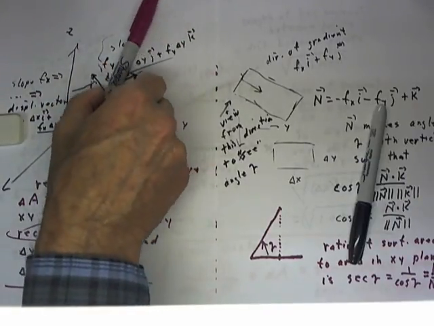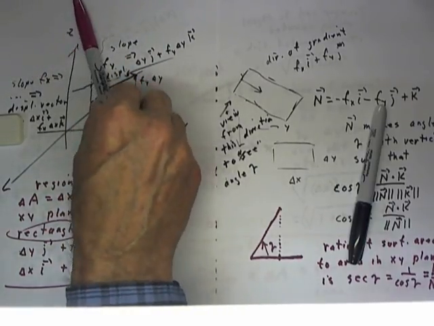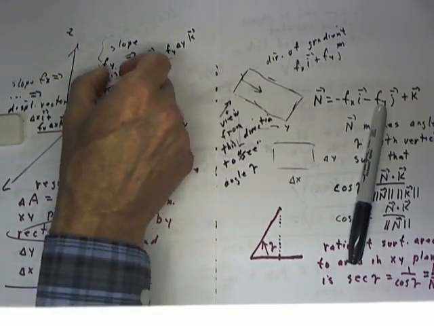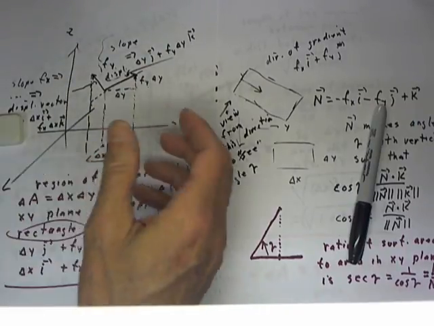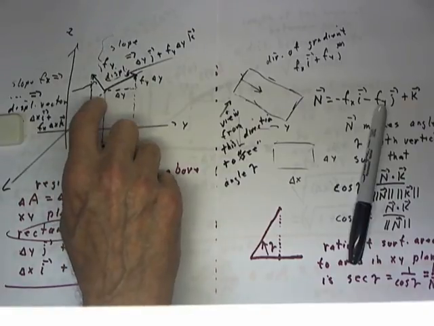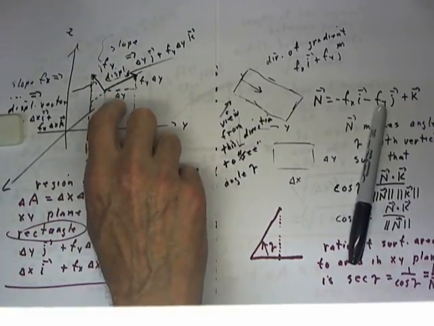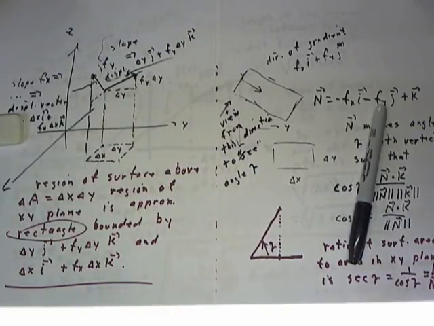This vector can be as close to the k vector as we wish, and so can this vector. If they can both be very close to the k vector, which will be the case if Fy and Fx are both very large, then clearly they don't make a right angle, and that's the flaw in my previous argument.